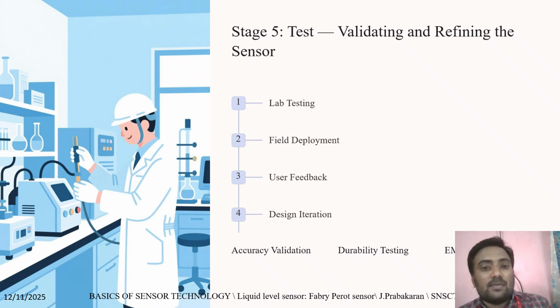The second step is field deployment in a real industrial environment to assess durability and usability. Third is collecting user feedback, and finally refining the design by updating the calibration algorithm and strengthening the sensor housing.